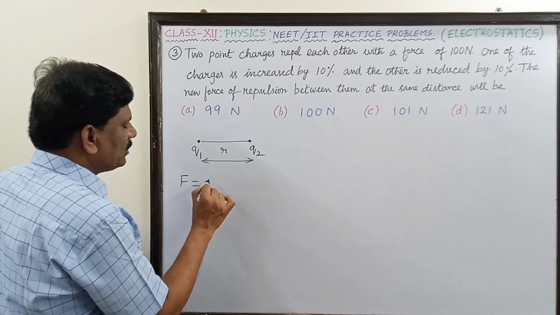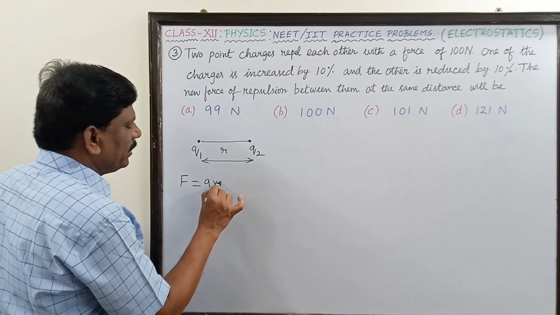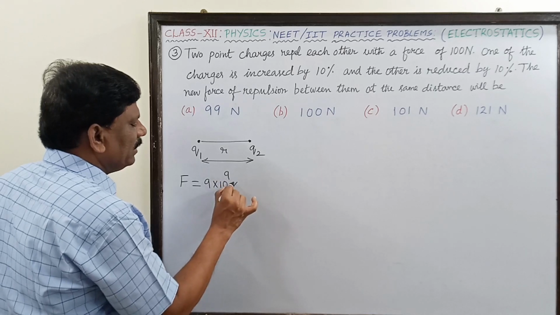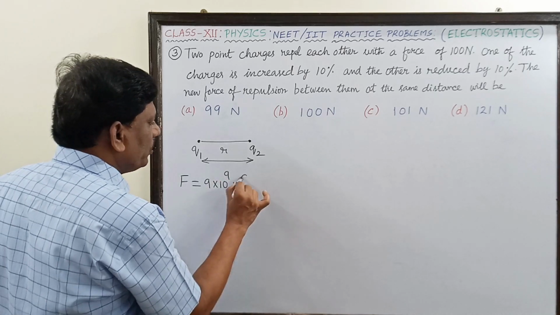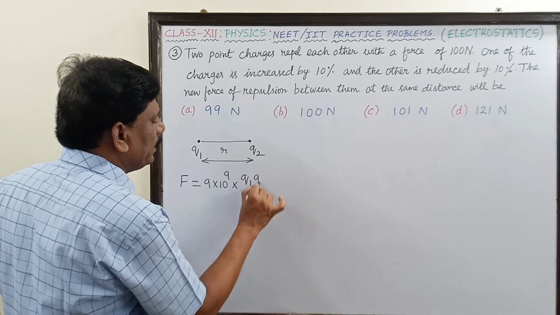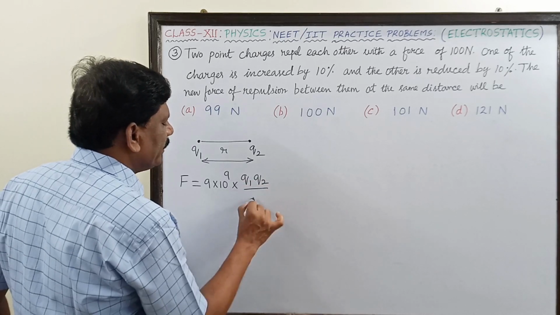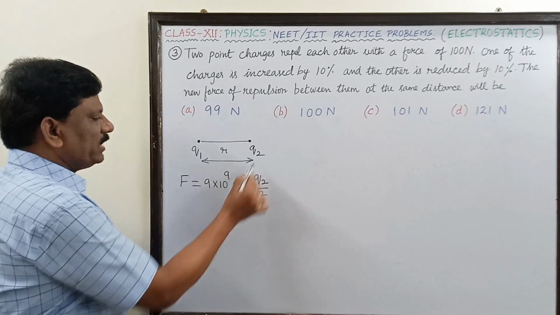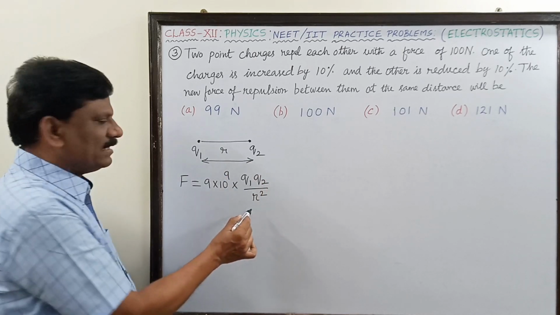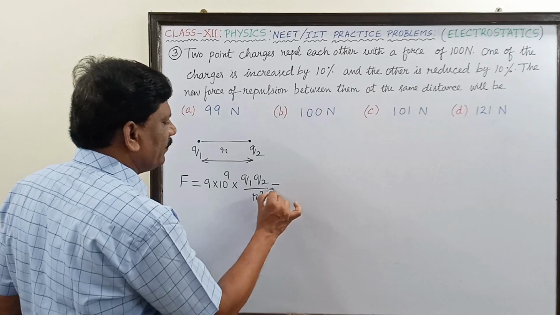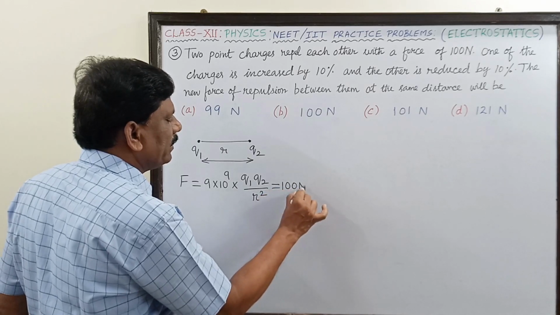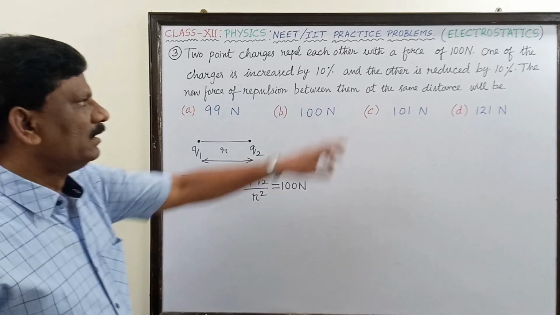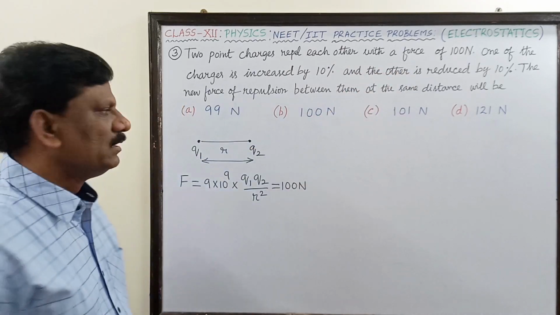So F is equal to 9 into 10 to the power of 9 into Q1 into Q2 divided by R square, the product of the two charges divided by the square of the distance between them, and this is given as 100 Newton. Okay. So that is the force.